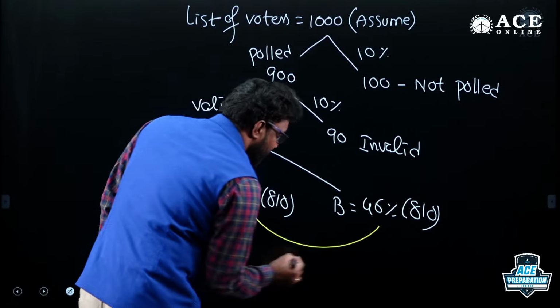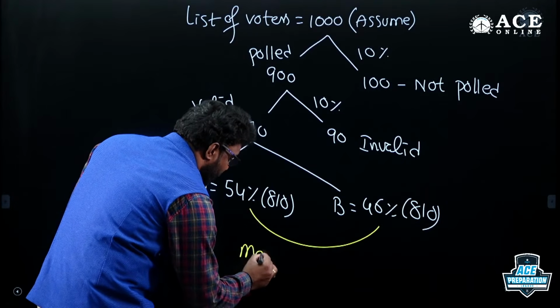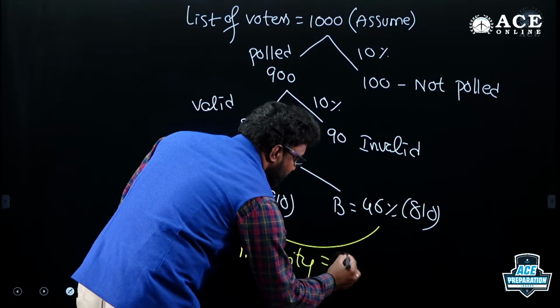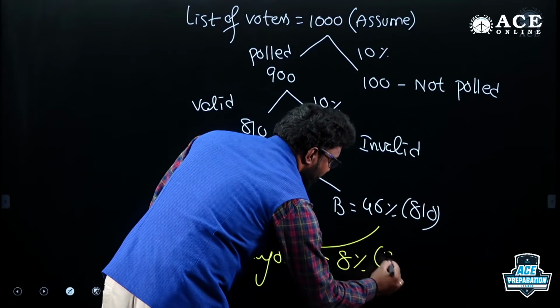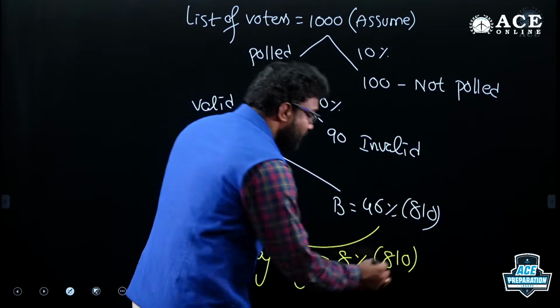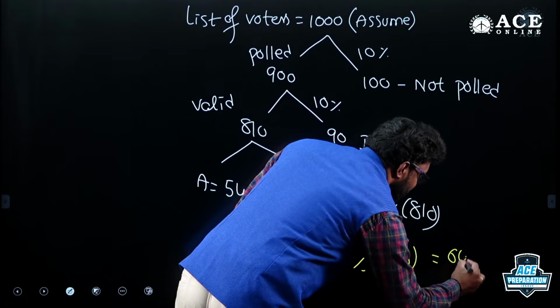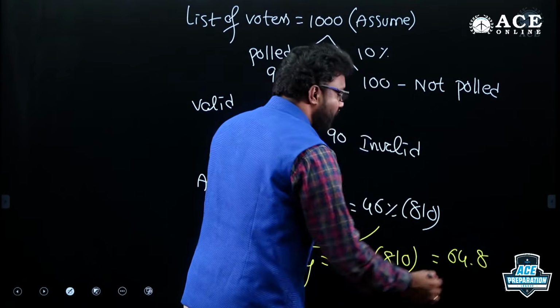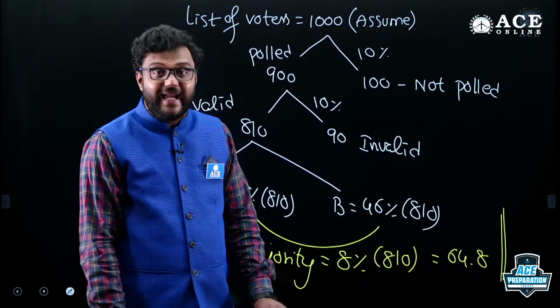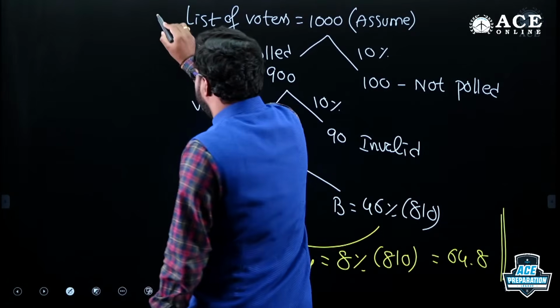It is 8%. Listen, this is now very important. Majority is nothing but 8% of 810. If you do 8%, means 8 divided by 100, and do the calculation, we get 64.8. Listen, this is the very important step. Majority you got is 64.8. But in the question, what did they give?